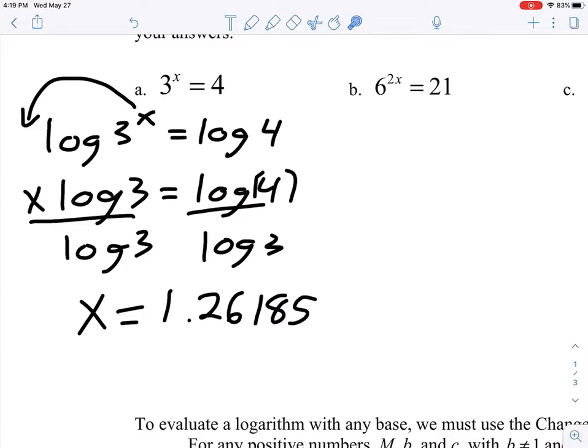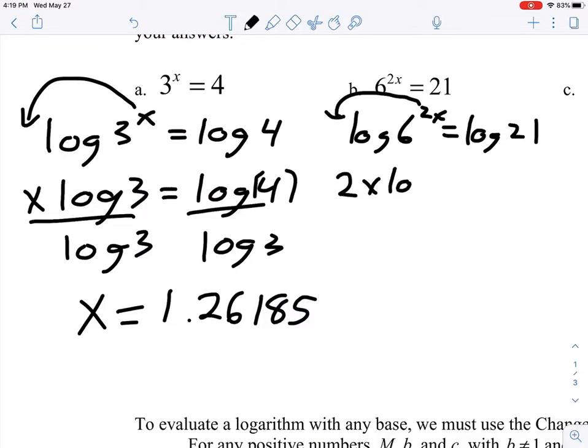Okay, let's take a look at this one. What would you do? You'd bring in logs to both sides. Log 6 to the 2x equals log 21. That allows us to take this 2x out in front. So I have 2x log 6 equals log 21. Now, what I like to do is just divide by log 6.